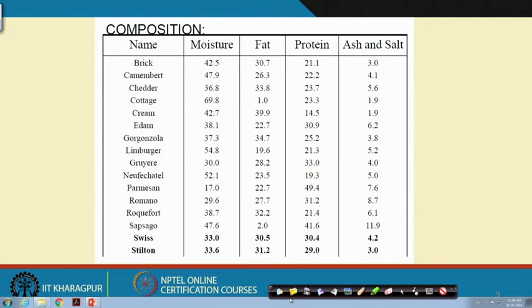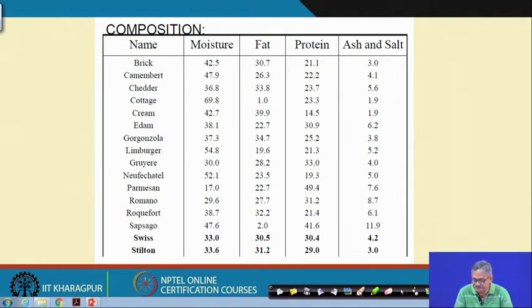Composition, if we look at, there are different names, right? Different names like brick, camembert, cheddar, cottage, cream, edam, then gorgonzola or limburger or gruyere, then Neufchâtel and Parmesan, Romano or Roquefort or Sapsago, Swiss, Stilton, all these are different names of the different varieties.